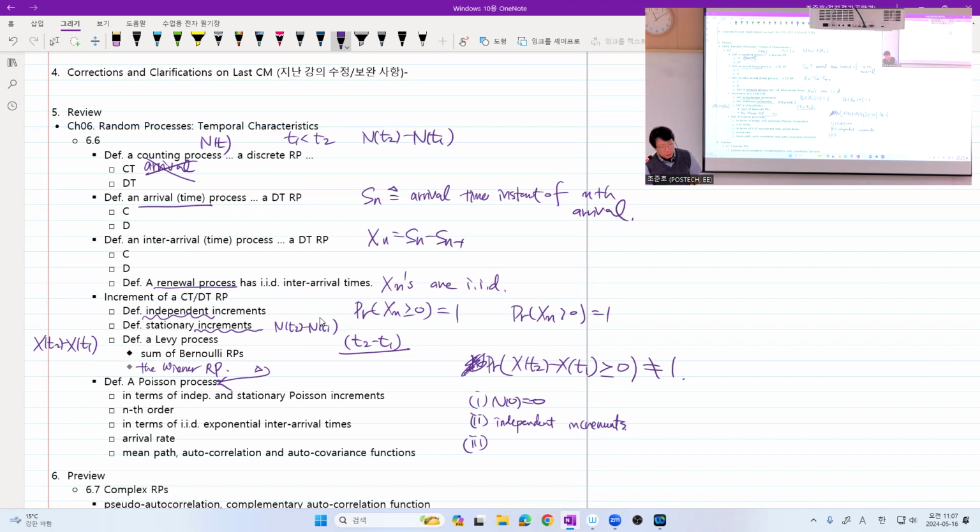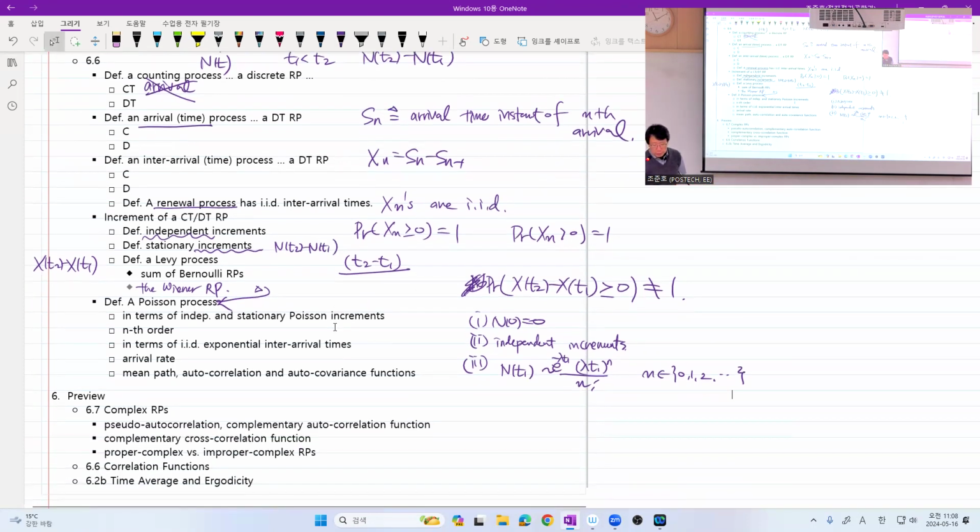it's not necessary to be specified here because we just need to define this as a Poisson random variable with some rate lambda. So T1 and lambda 1 and n factorial. Something like that. And we can show that the increments are stationary.